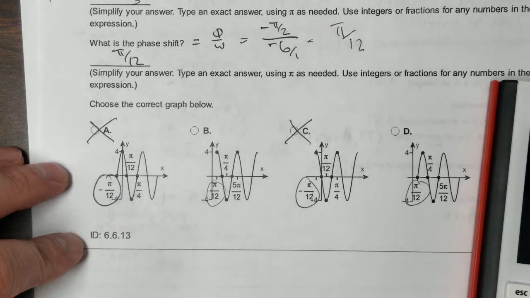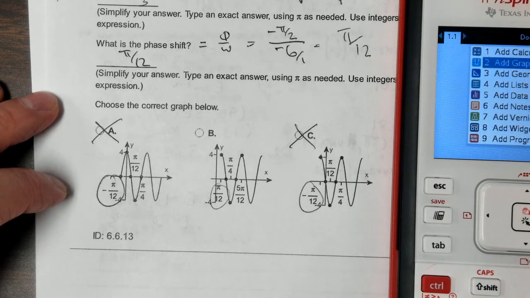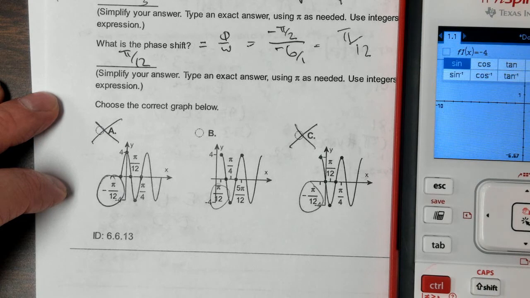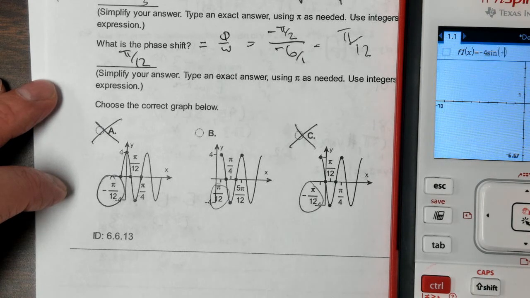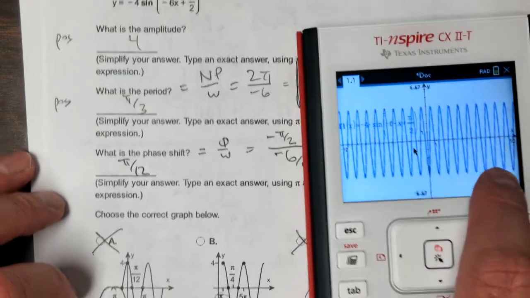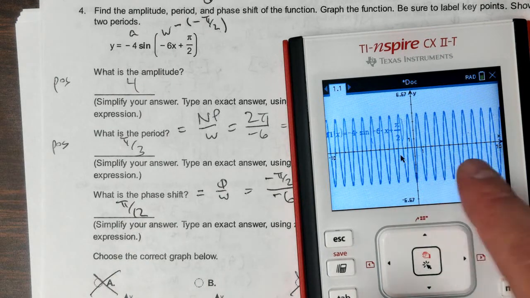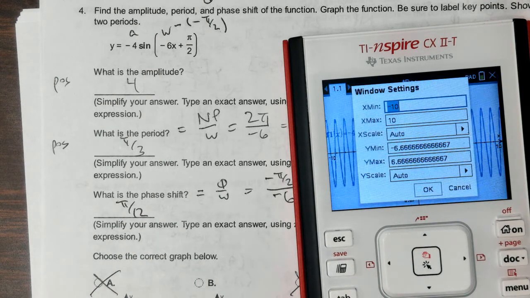Okay, from there, let's graph it. So we have negative 4 sine of negative 6x plus pi halves. Okay, so remember your W was your frequency, and 6 is a pretty high number, so that's why it's like that. And we want to go from positive pi twelfths to about 5.